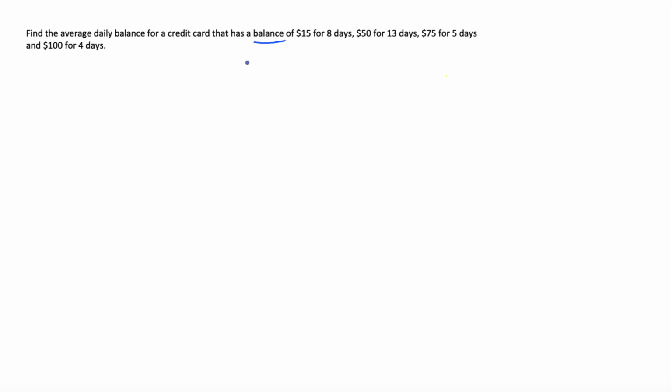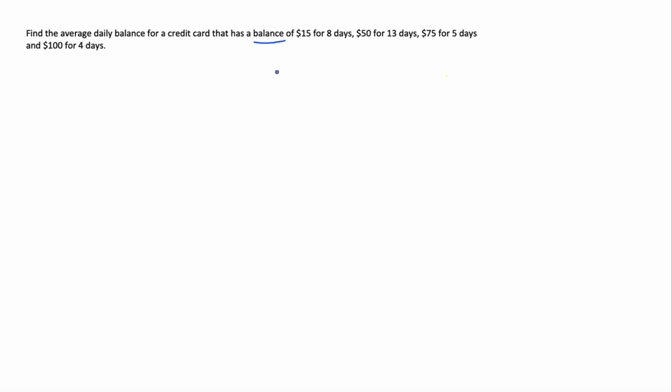Essentially, you will have to pay back this $15 at a later time. So when we say the balance for a credit card, this is how much money you owe. Every time you swipe that card, your balance is going to go up. Of course, whenever you make a payment, then your balance will go down.